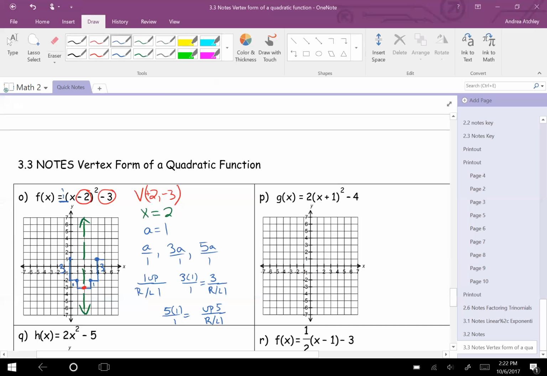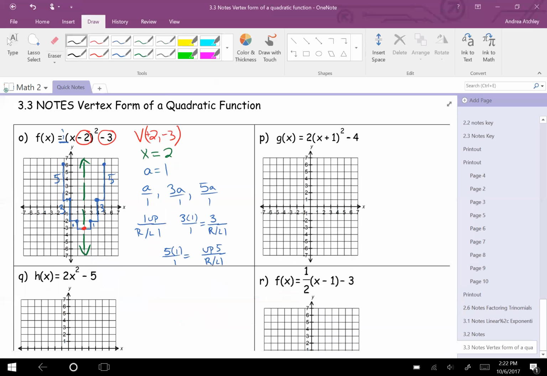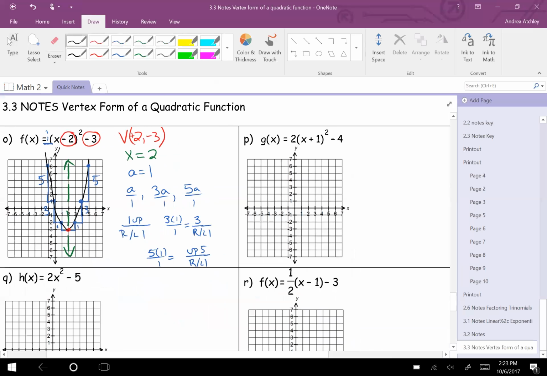Right and up 1, 2, 3, 4, 5. Left 1, 2, 3, 4, 5. Okay, then we connect those dots. And that's my parabola.